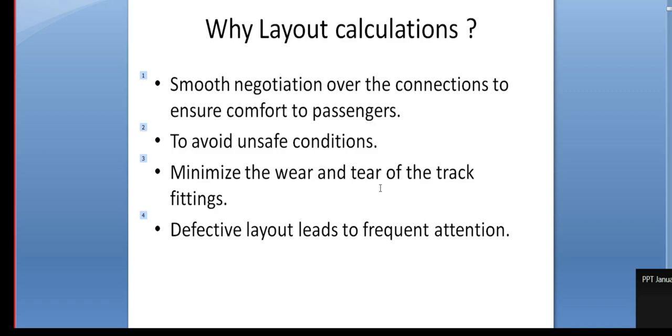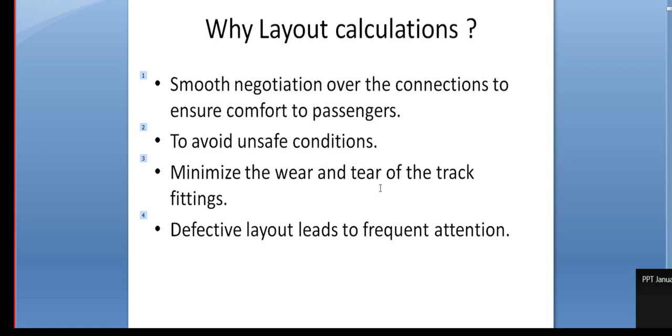And minimize wear and tear of the track fittings, as defective layouts lead to frequent maintenance. Suppose we take a major wayside station, there will be run-through trains. If the layout is not proper, suppose the toe of the point is not properly laid, what will happen? There will be some misalignment.